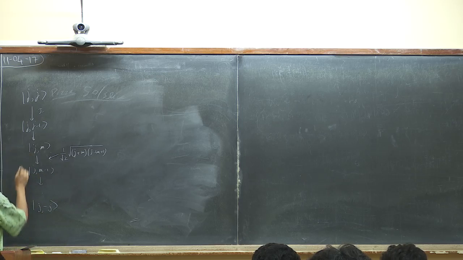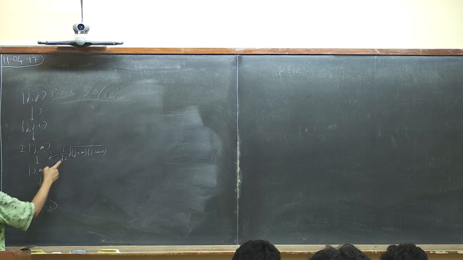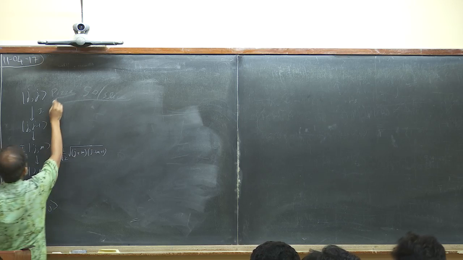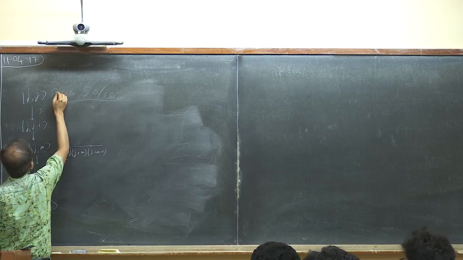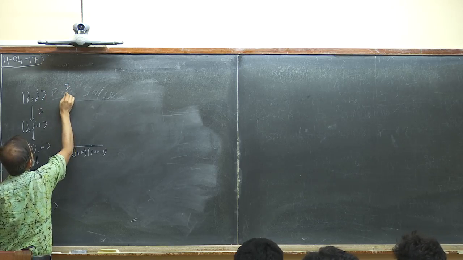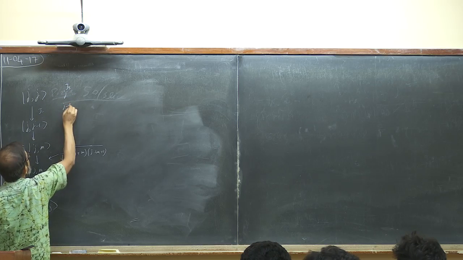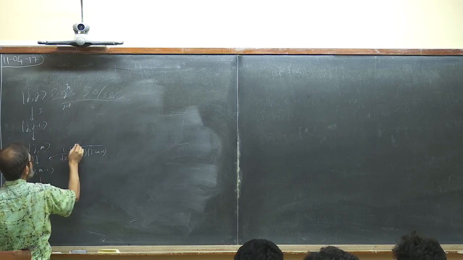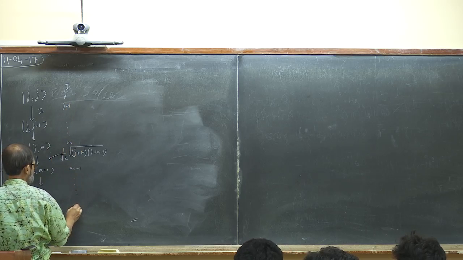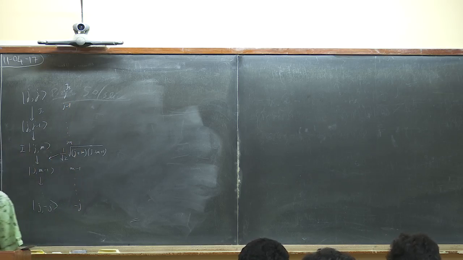That is to say, when you apply J minus on this, it becomes this coefficient times that. These are called the weights. So these are the J3 eigenvalues: J, J minus 1, all the way down to minus J.